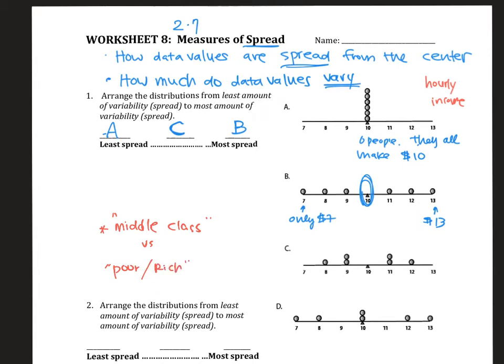If there's a lot of middle class, that means there's at least less spread, meaning wealth is spread more evenly. If there's a lot of poor people and a lot of rich people, that means there's more spread. So I'm going to have you guys work on number 2 and number 3.